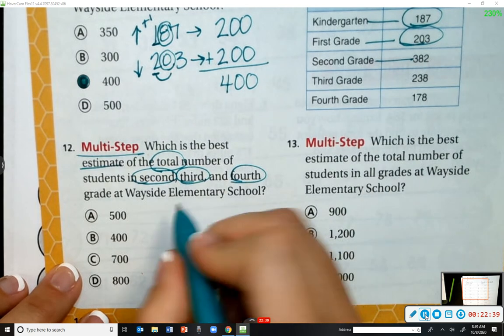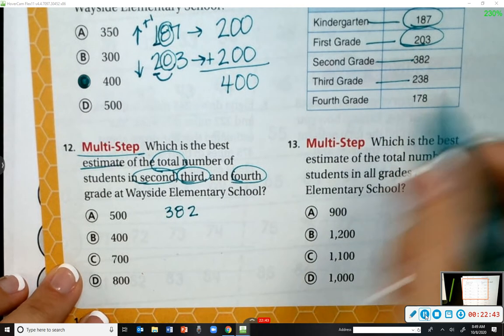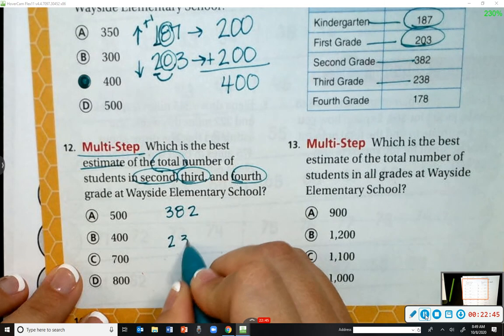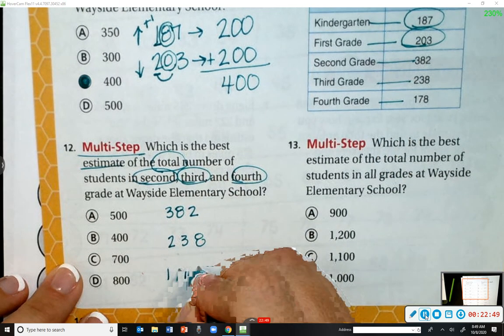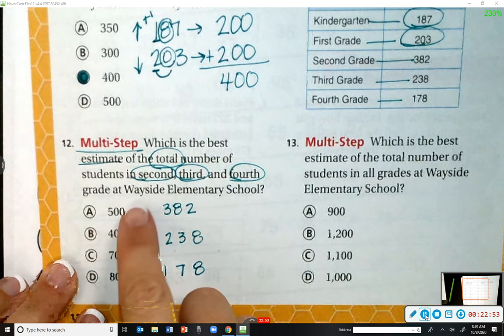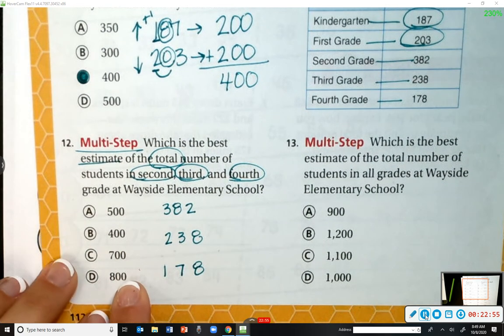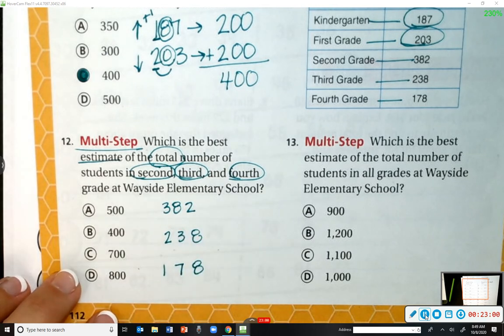Good. So we have 2nd, 3rd, and 4th grade. So here's 2nd, 3rd, and 4th. Okay? I take a quick glance at my answer choices. They're all rounded to the hundreds, so I'm going to do the same thing with my numbers.